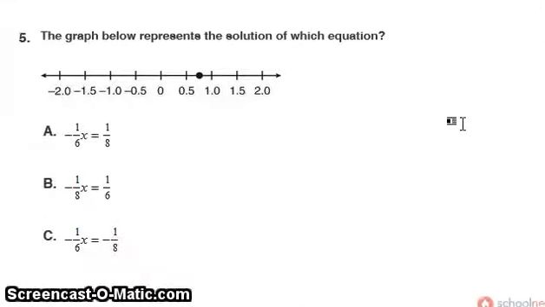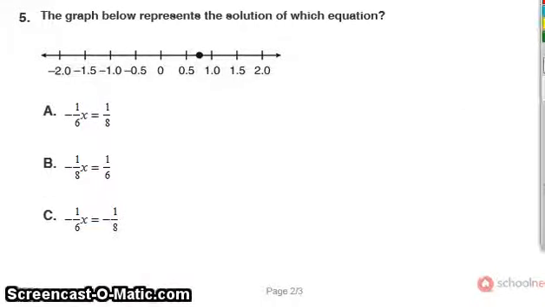Next, we've got number 5. The graph below represents the solution of which equation? Oh boy, so we get to do basically 4 equations and figure out which one of these 4 equations has this solution. So I am going to be able to rule out A and B very quickly.